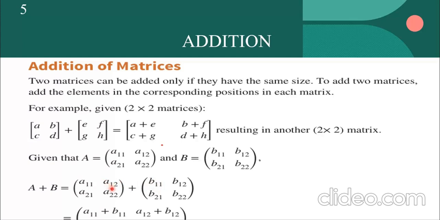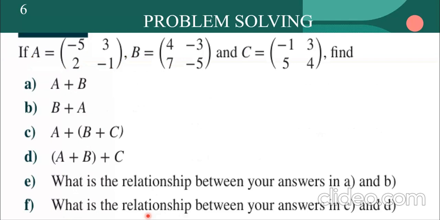A in the first row, second column will be added to the B in the first row, second column, in that order. So this will be added to this, and this will be added to this. Then this becomes your result. So this is how addition of matrices is done.